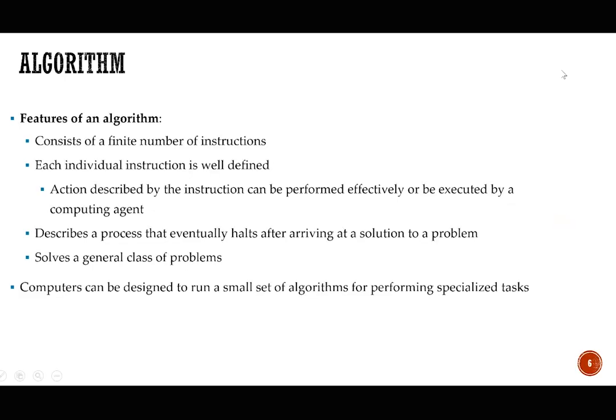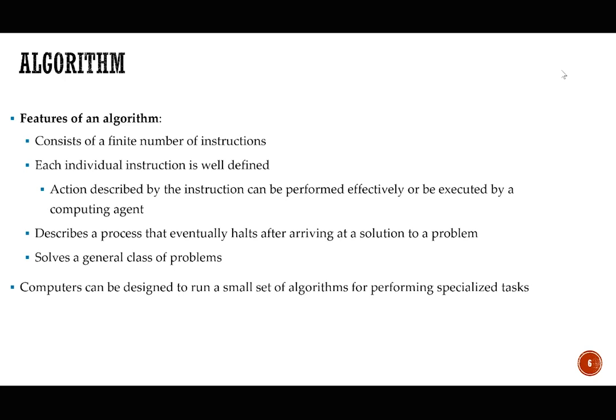Now, features of an algorithm. So there should be specific features to call a piece of code an algorithm. First off, it consists of a finite number of instructions. So at some point, we need to get results. So there should be a finite number of instructions, even if it's a large piece of code.